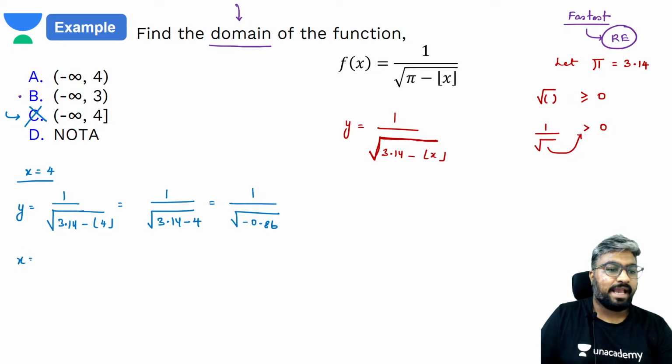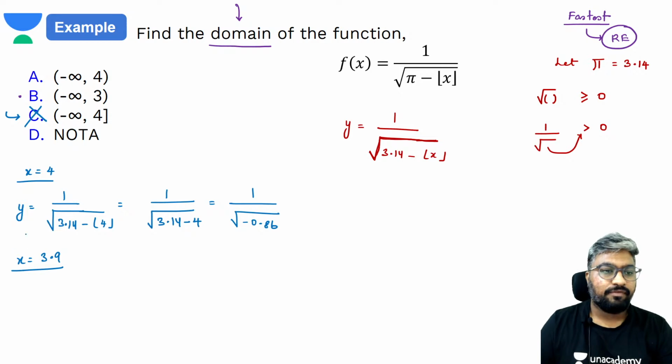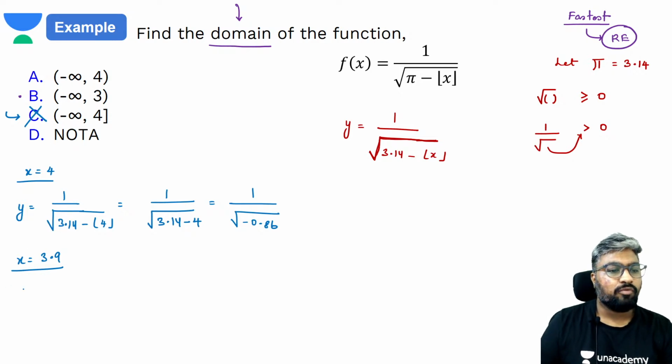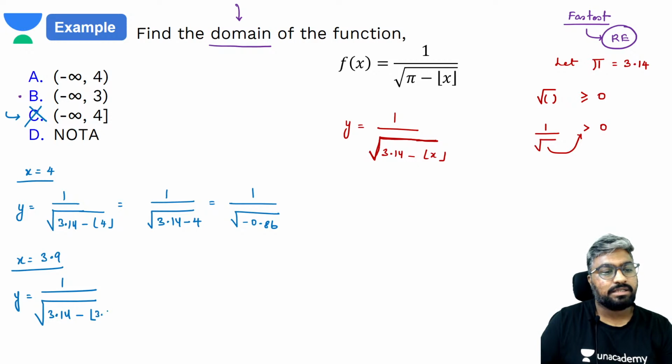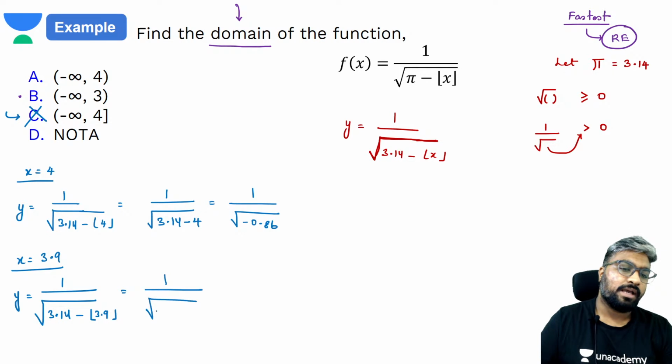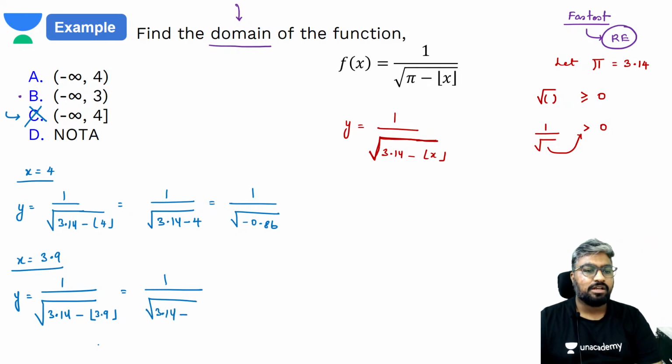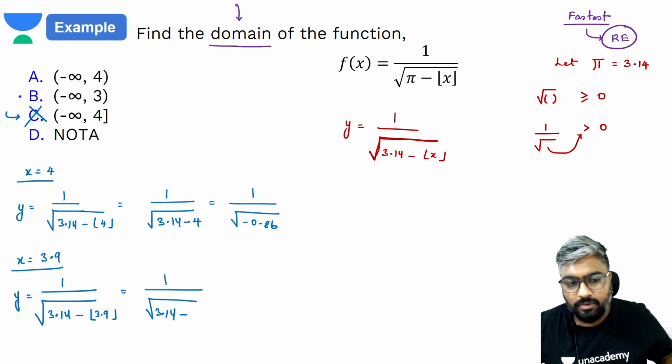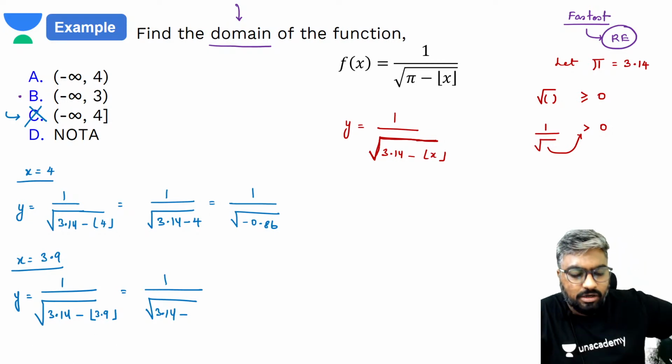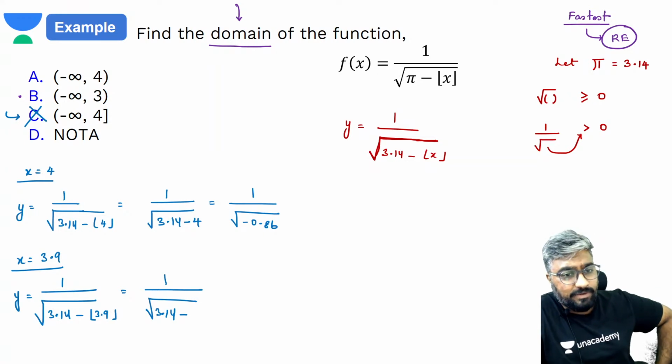If x is, for example, 3.9, then y will become 1 by square root of 3.14 minus the greatest integer of 3.9. What is the greatest integer of 3.9, will it be 4?